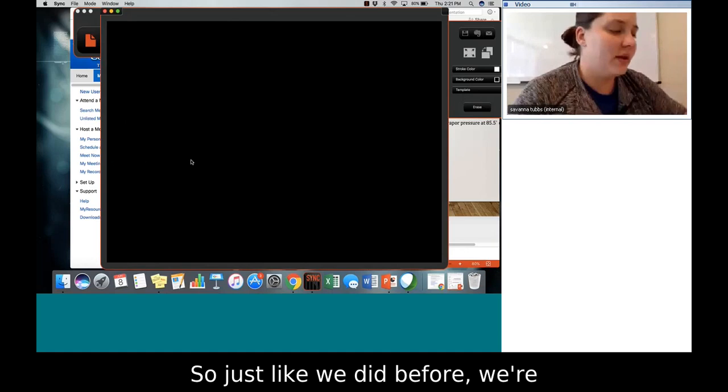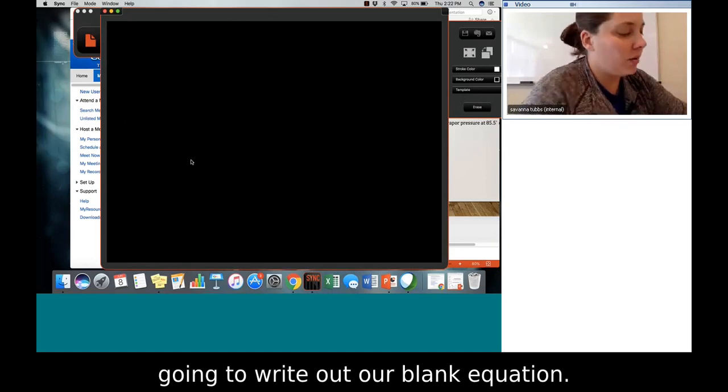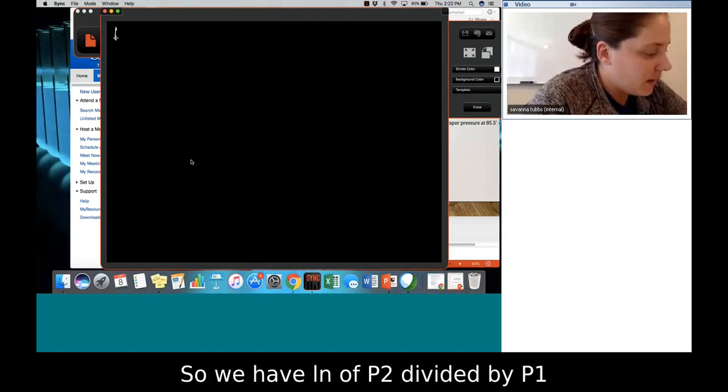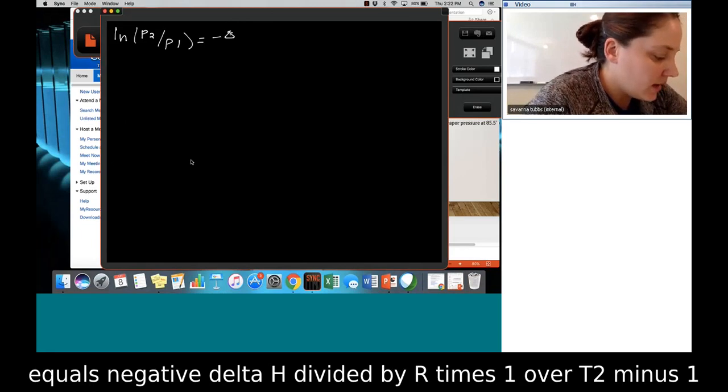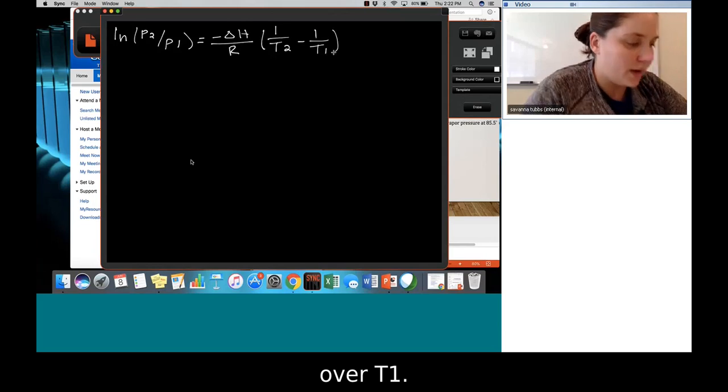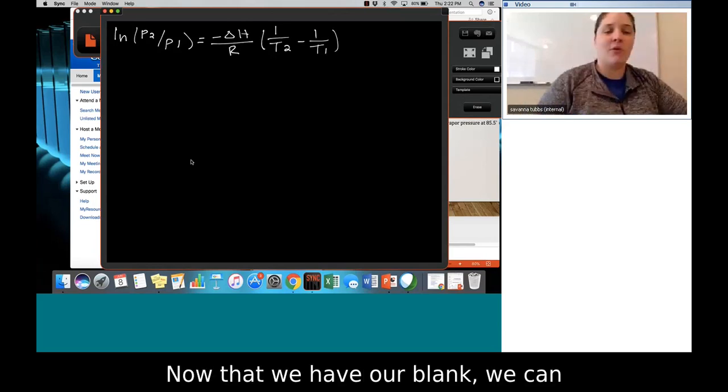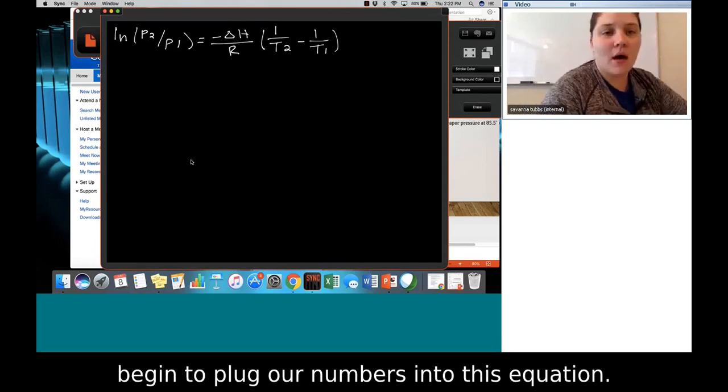So just like we did before, we're going to write out our blank equation. We have ln of P2 divided by P1 equals negative delta H divided by R times 1 over T2 minus 1 over T1. Now that we have our blank, we can begin to plug our numbers in.